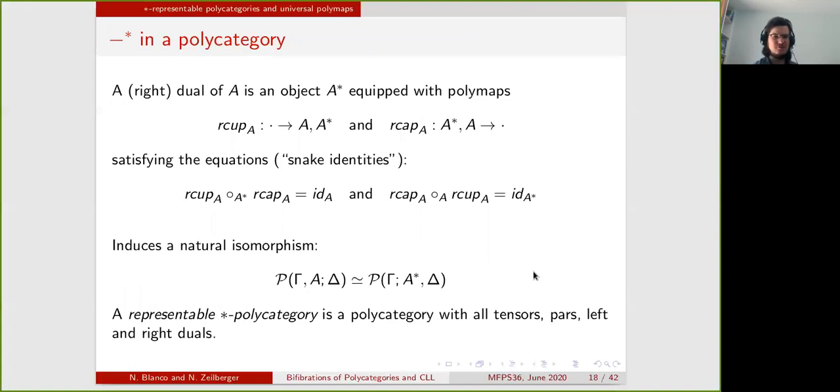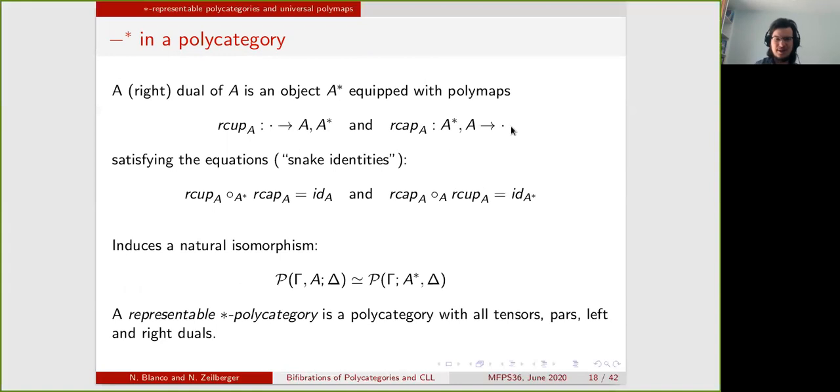Finally, we can define the star in a way that is really similar to the way that it's defined in compact closed categories, by saying that we want two maps that we will call the cup and the cap that have this typing. So the cup goes from the empty list into A star, A, and the cap goes from A star, A into the empty list. So that they satisfy what is called the snake identity.